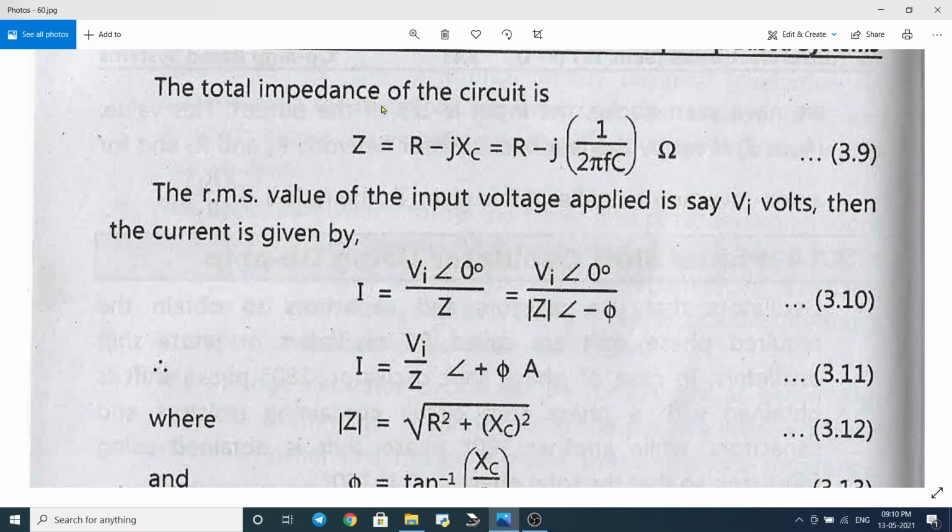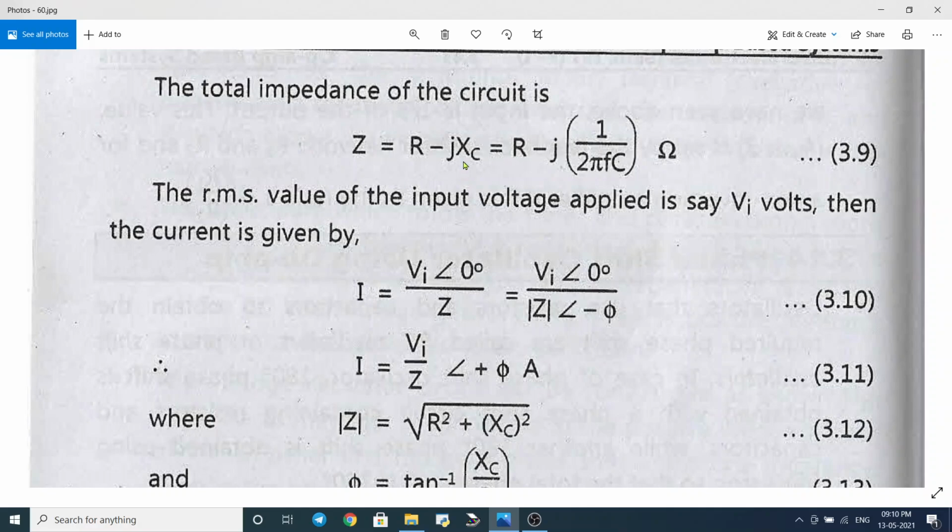The total impedance of an RC network can be written as R minus jXC: R plus j0 for the resistor and 0 minus jXC for the capacitor.